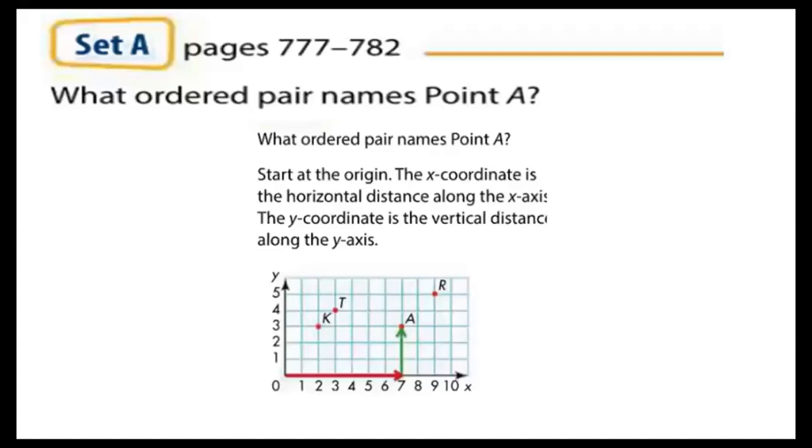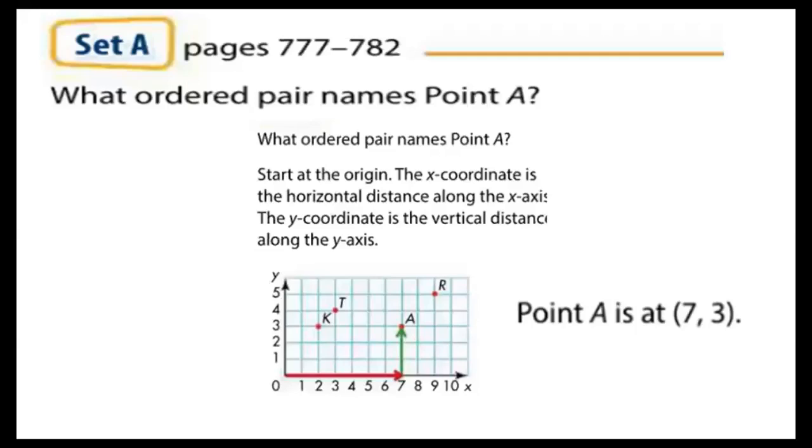It means it asks about the distance you move on the x-coordinate first, and the distance you move on the y-coordinate second, and you put them between brackets to form the ordered pair. So I move on x 7 units and on y 3 units, according to the arrows. So point A is at (7, 3). This is the ordered pair.